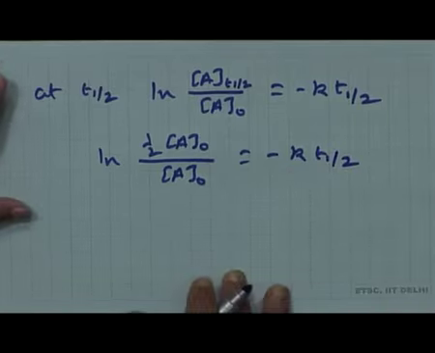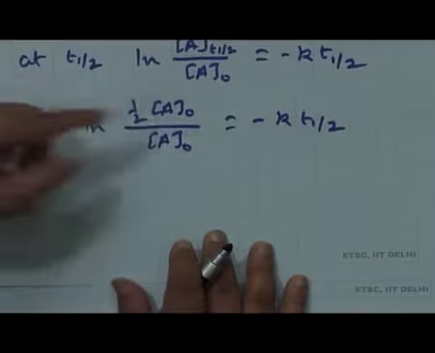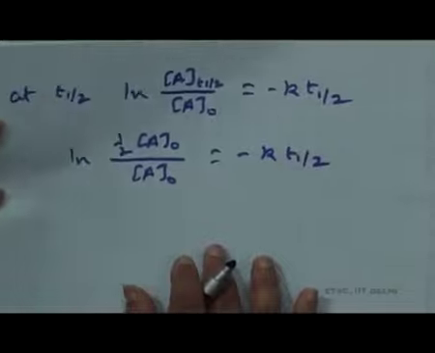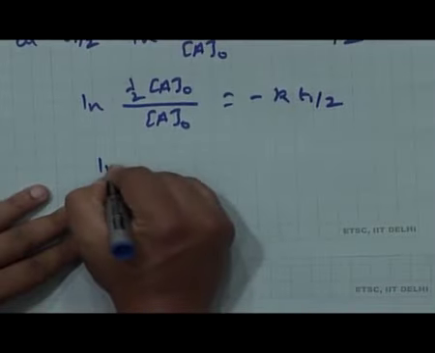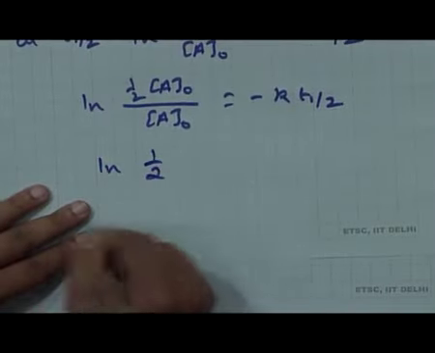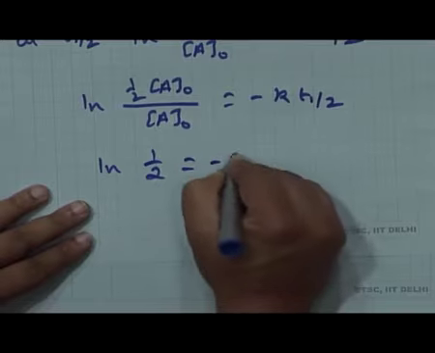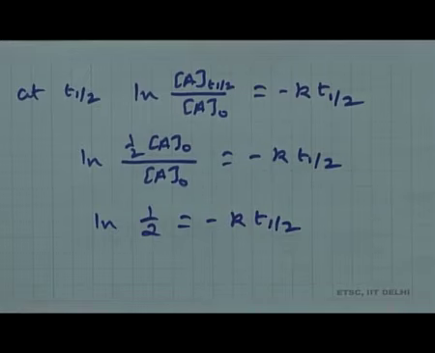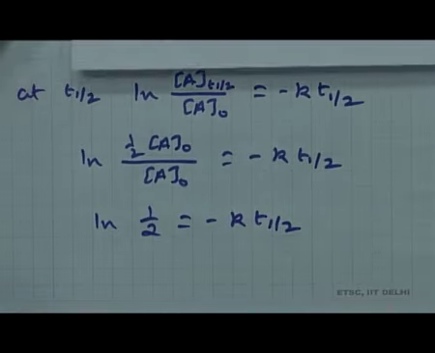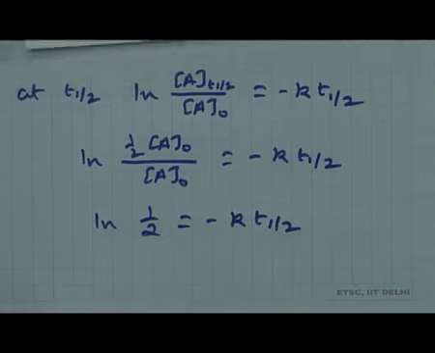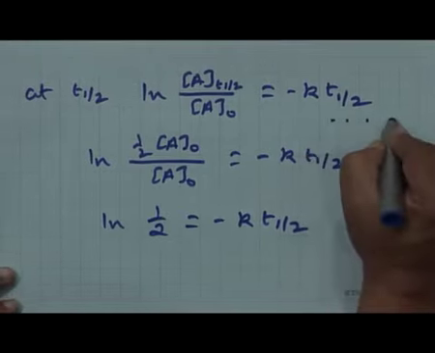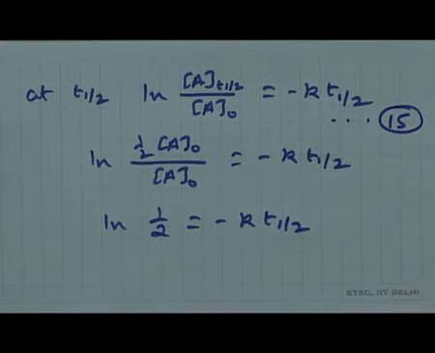Obviously, you realize this A naught cancels out, and I will have ln half is equal to minus k T half. Let me see what was the last equation number. I think it was 14, so let this equation number be 15, and let this be 16.